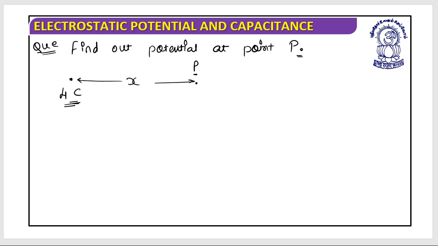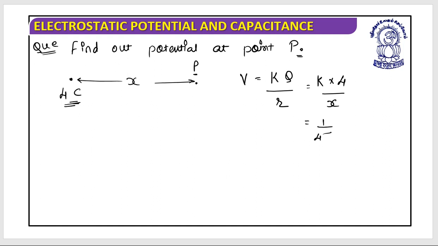What is the amount of charge? It's 4 coulomb. So my generalized statement is V is equal to KQ divided by R, K multiplied by the charge itself divided by R. R is the separation, it's x.